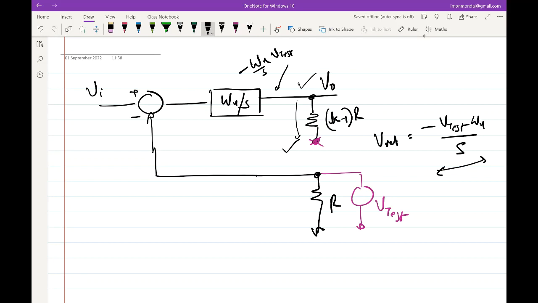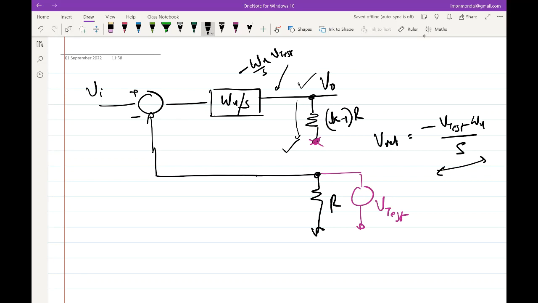Okay, so the key thing is to ensure that the loading doesn't change when you break the loop. So if I have to modify this circuit after breaking the loop, I still insist that I'll be breaking the loop at that point, but I want to modify it in such a way that the loading doesn't get affected. Then what should I do?